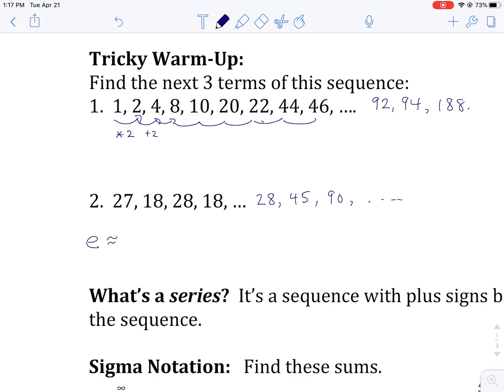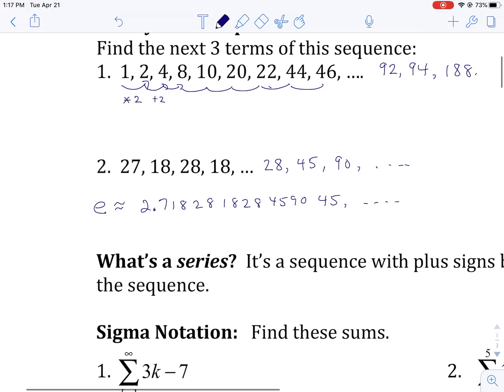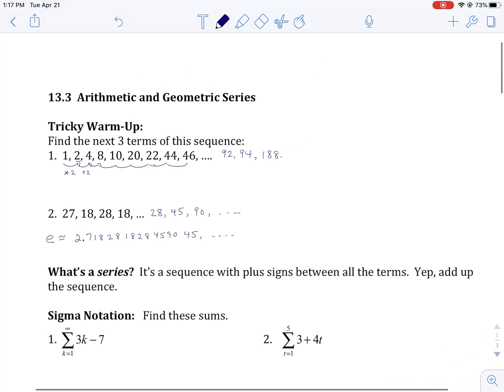This is the number e, that constant we learned about, the base of the natural logarithm. e was 2.718281828459045, and it actually keeps going on forever. So certainly that was tricky. That was taking two digits at a time, the digits of e.